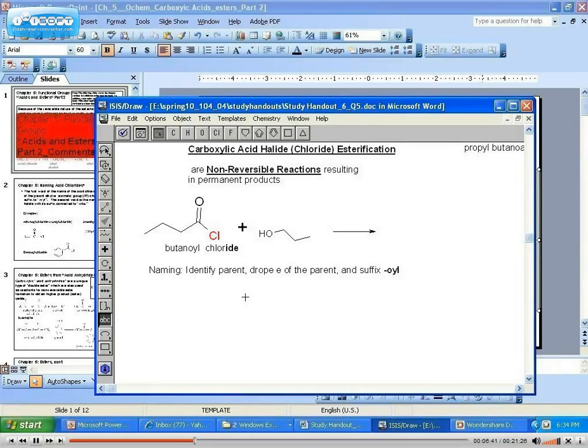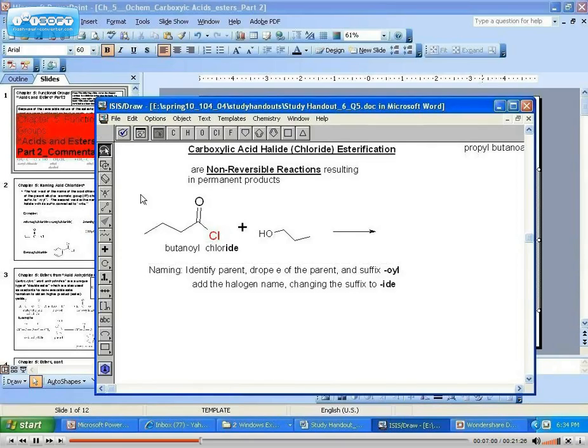So you go ahead and you add the halogen name, changing the suffix to ide.